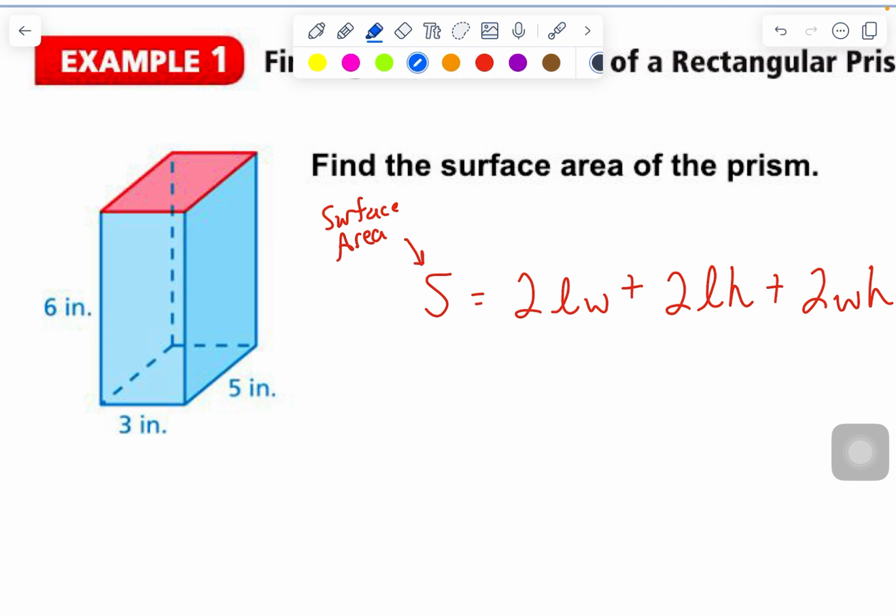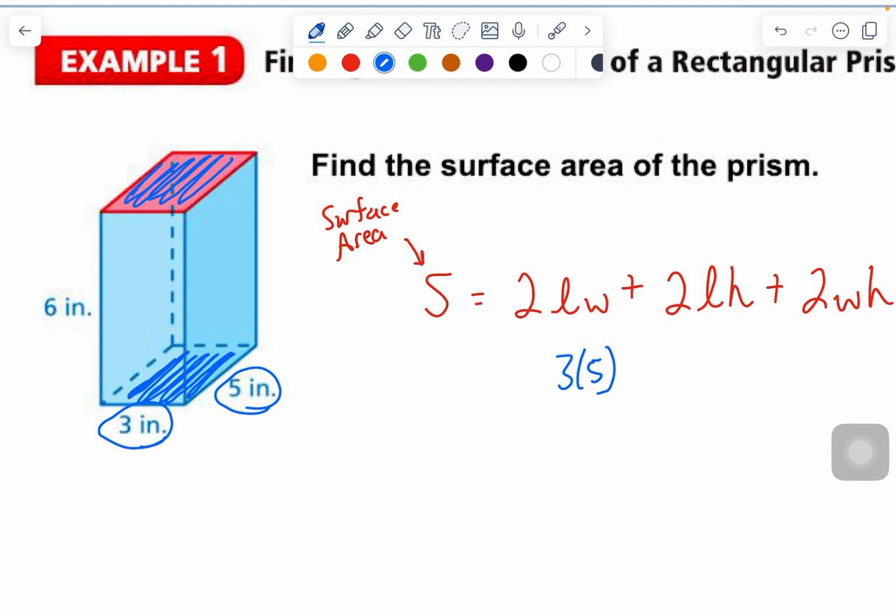All right, so let's do, I don't know if the color coding is going to help. Length and width, that's going to be 3 and 5, or 15. The reason we're doing a 2 out front is because we've got 1 on the bottom and 1 on the top. So we're going to do 2 times 3 times 5. Then we're going to add that.